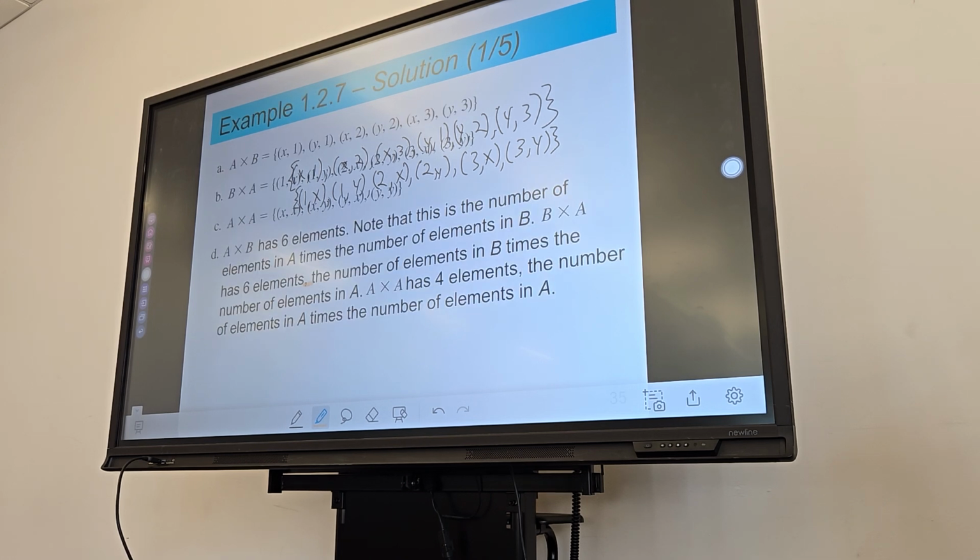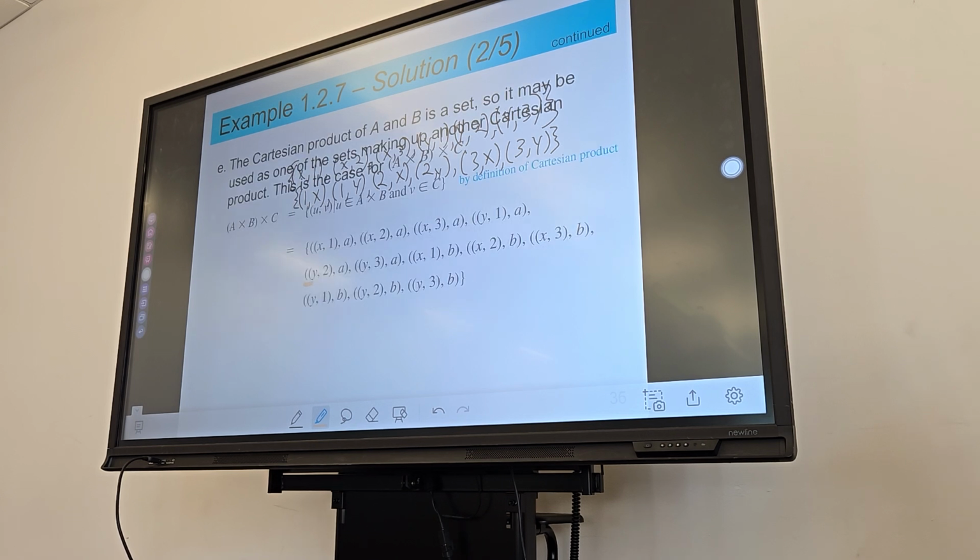So yeah, we went through these already. Now the Cartesian product of A and B is a set, so it may be used as one of the sets making up another Cartesian product.